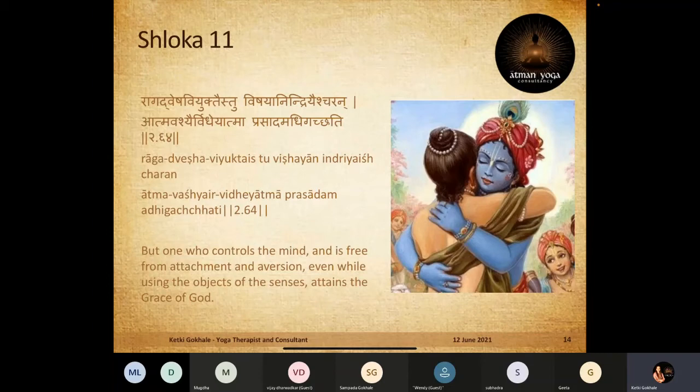But one who controls the mind and is free from attachment and aversion, raga and dvesha, even while using the objects of senses, attains the grace of God. See, the yogi or the siddhas or the saints or these santas, they are in the midst of all this materialistic world.